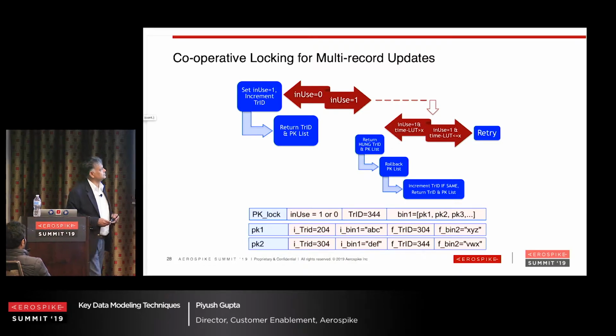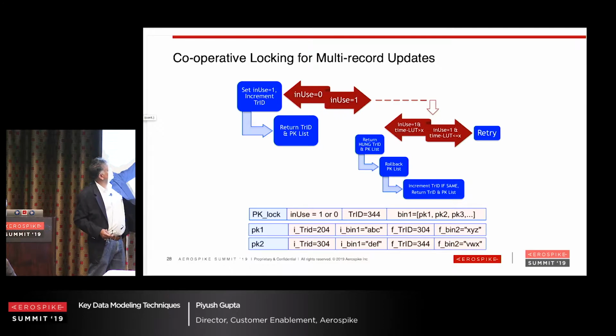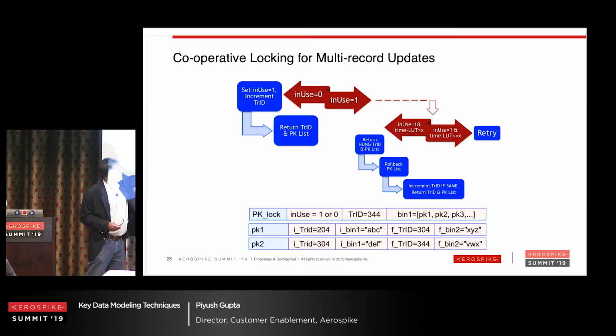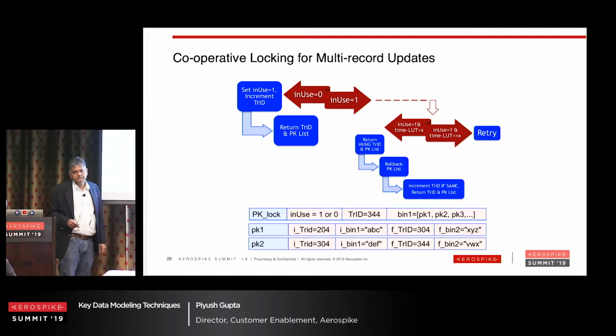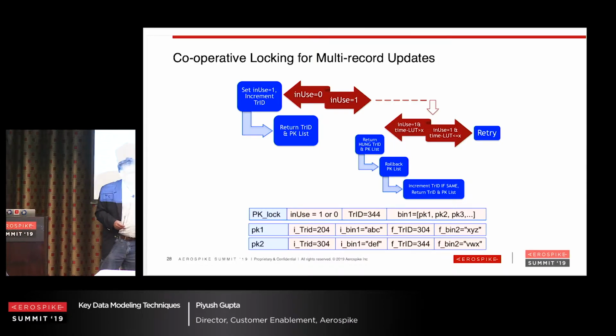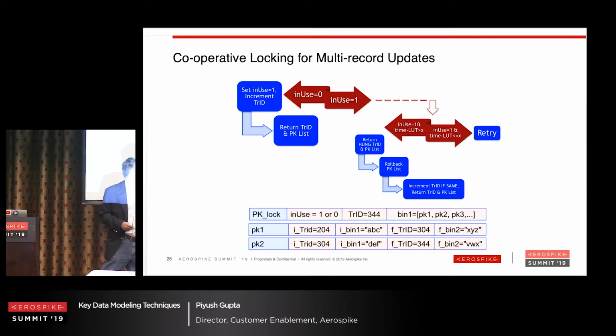All right, so how will this work? Well, when I go to do an update, I'll look at the in-use flag. If it is available, I'll take it, I'll increment the transaction ID, and say, okay, give me the list of records to update, and I'll start updating those. In the records, I'm maintaining 2 states. So records are stateful. This is my starting data, and this is what I'm going to.